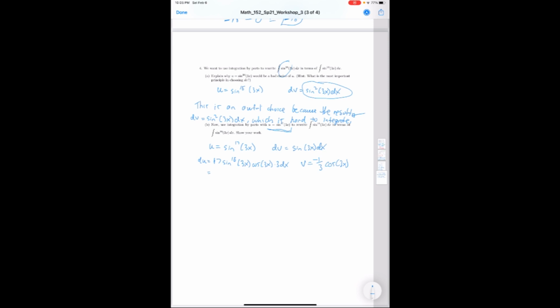du we can simplify a little bit more. This is going to be 51 sine to the 16th 3x cosine 3x dx.